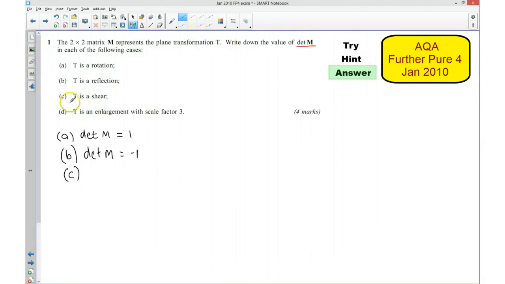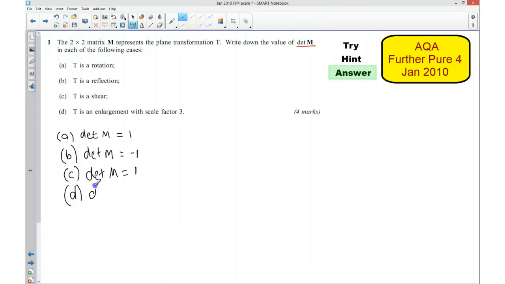For part C, this time we've got a shear, and in a shear we need to remember that the area is going to be invariant, and in a shear it's just when a shape is kind of skewed across a little bit, but the area stays the same, so that's going to have a determinant of 1.